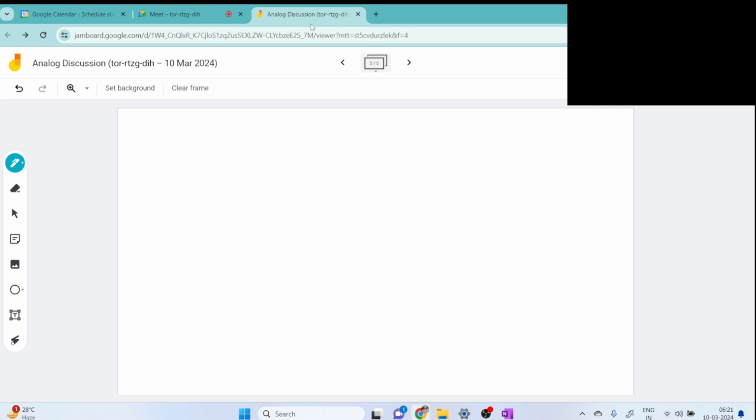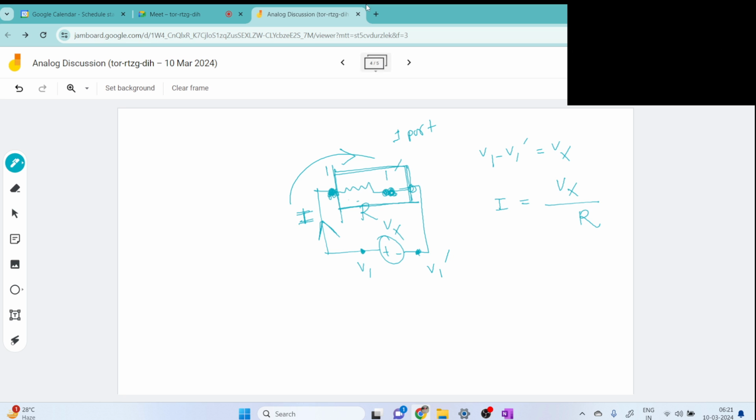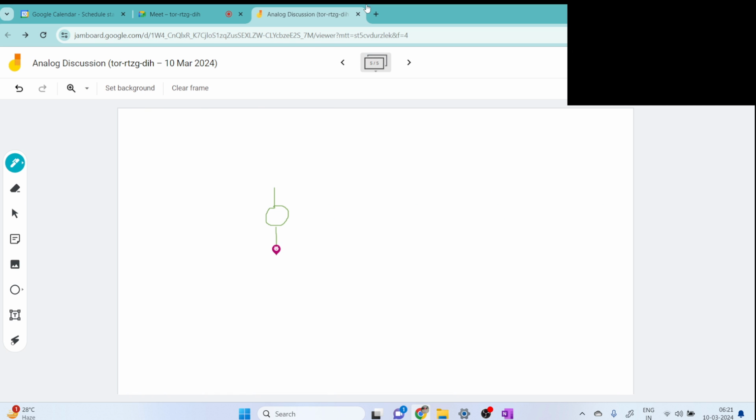Go to the fifth page. It is visible. There is some voltage called V1.